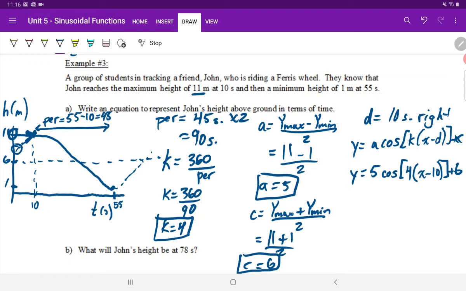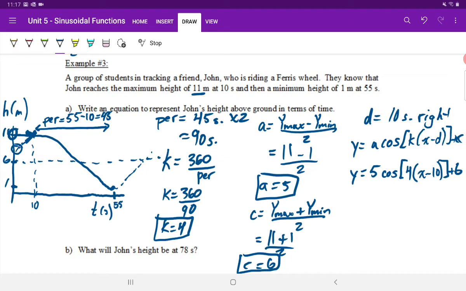So let's recap there. That was a tough one because we were only given half the information. To figure out the period, we had to take the horizontal distance from max to min and multiply it by 2. That gave us the period, which then helped us find K. Because we knew our max and min, we were able to find our A and our C pretty easily.